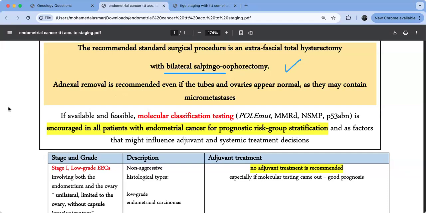Okay, so the adnexal removal is also recommended even if the tube and ovaries appear normal. This is for looking for micrometastasis.